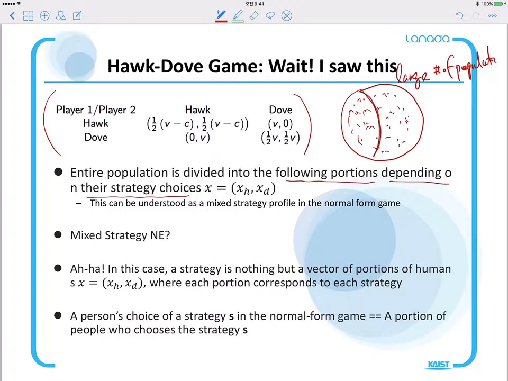If we normalize this entire population, where the number of animals is almost infinite, by 1, then we can think about these portions xh and xd, where the xh portion of the population chooses the strategy hawk, and the xd portion of the entire population chooses dove.